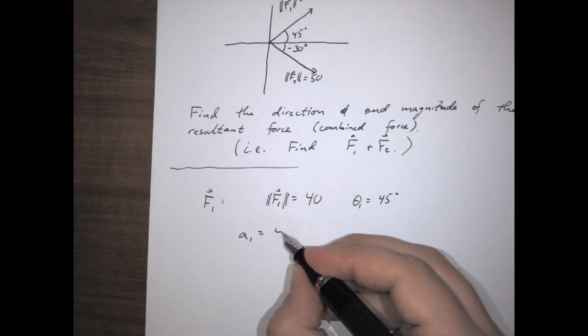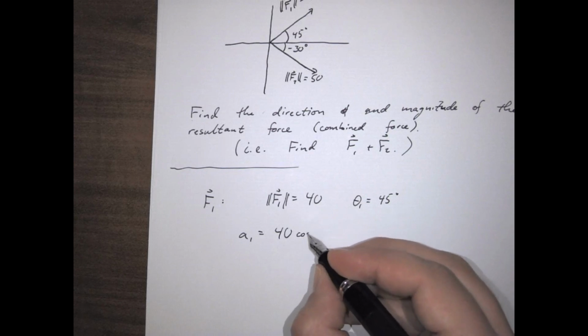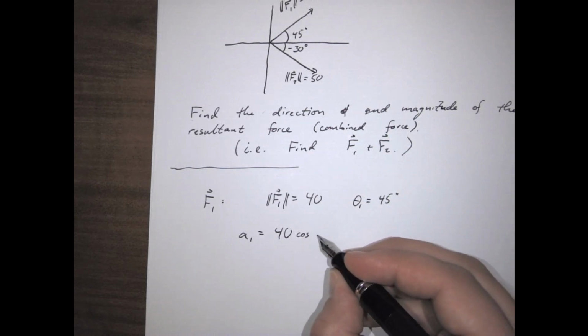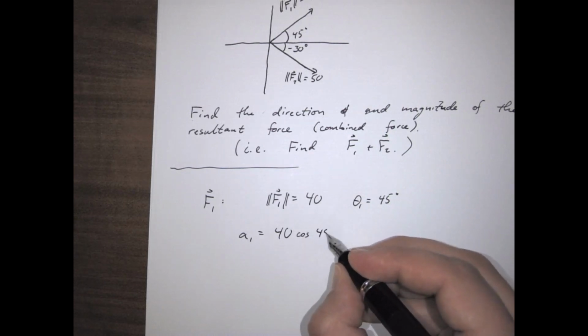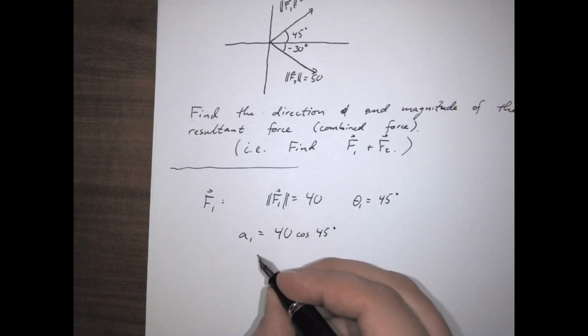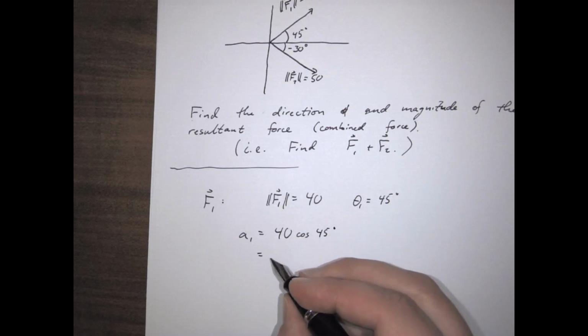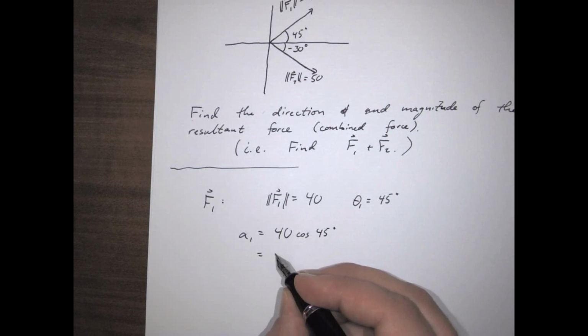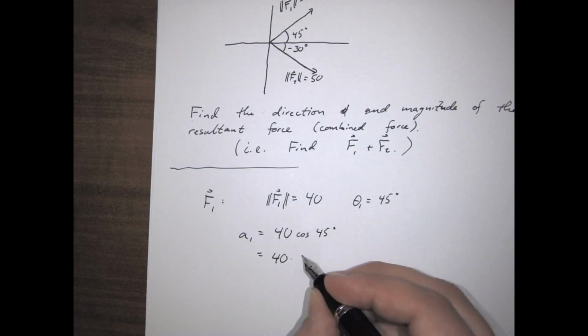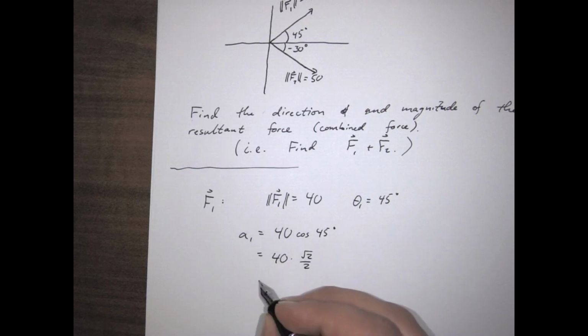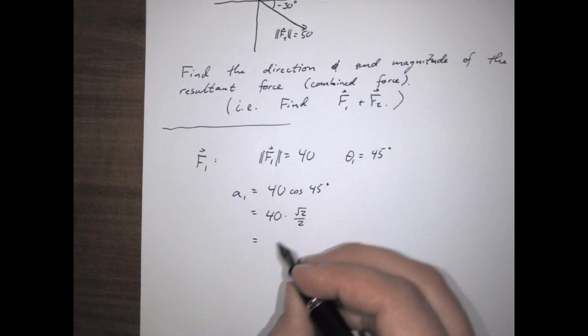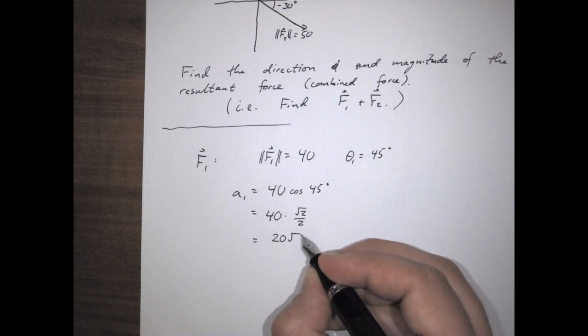A1 equals 40 cosine 45 degrees, which is equal to 40 times root 2 over 2, which is then going to just equal 20 root 2.